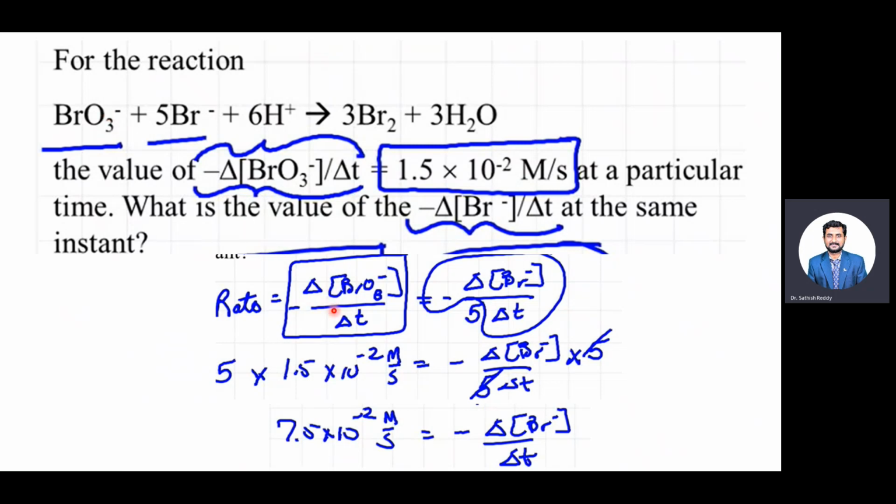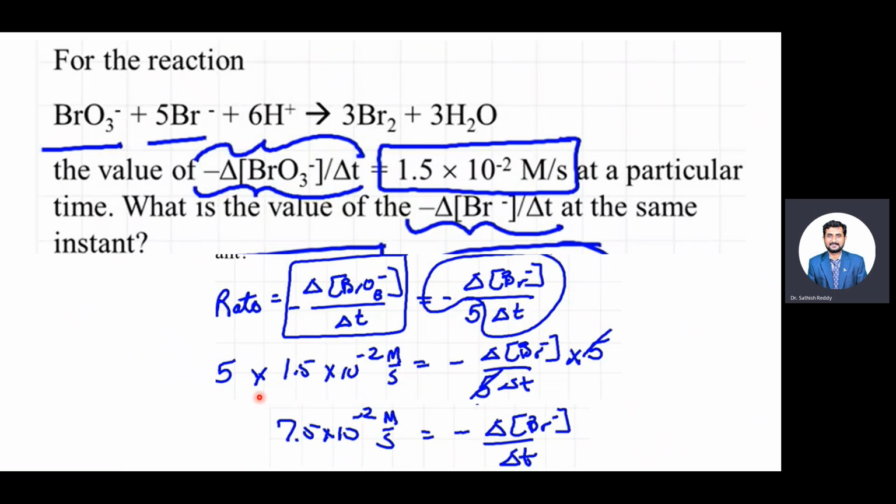We have to write delta BrO3- by delta t, which is equal to minus delta Br2 by delta t, with 5 written here. Then we want the value of this one.